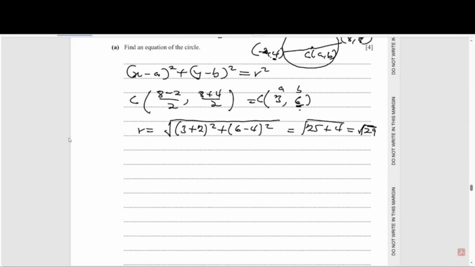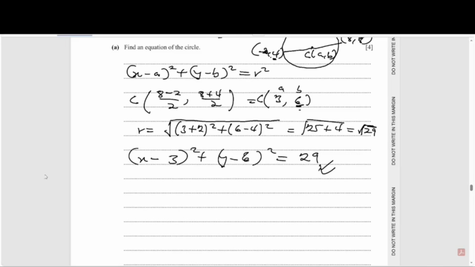Now that we have the center and the radius, we can easily find the equation of the circle. So that is going to be x minus a, which is 3, all squared, plus y minus b, which is 6, all squared, is equal to root of 29 squared, and that is going to be 29. So this is the equation of the circle in completed square form.